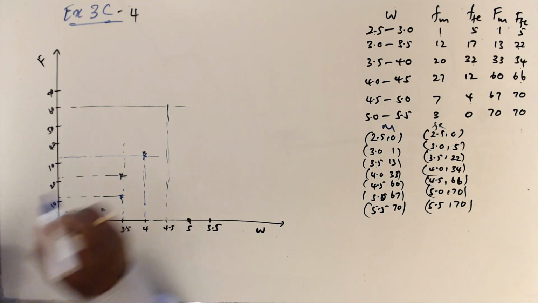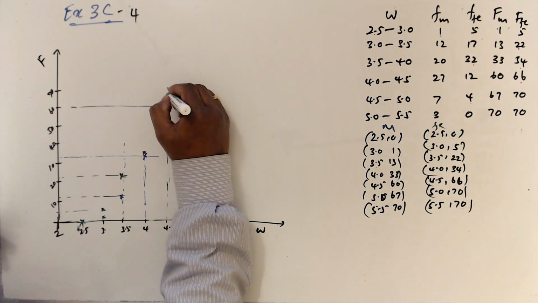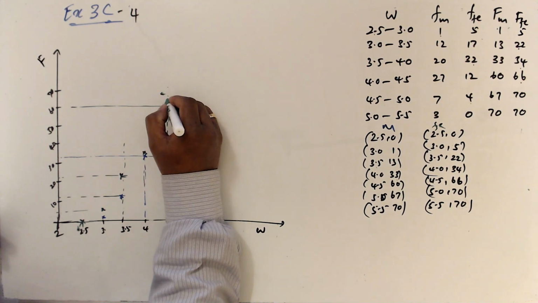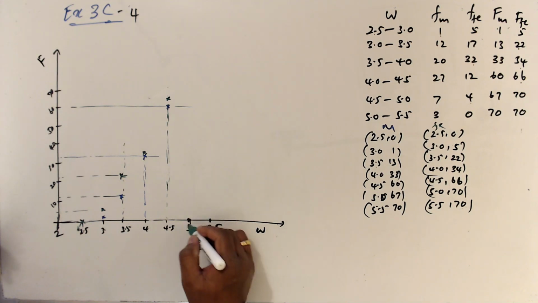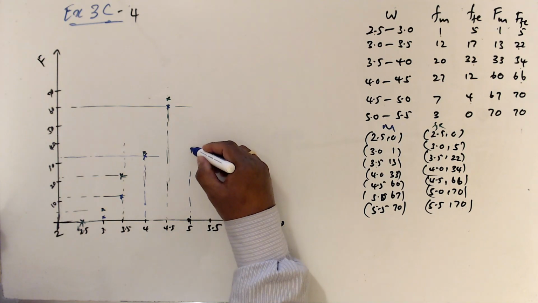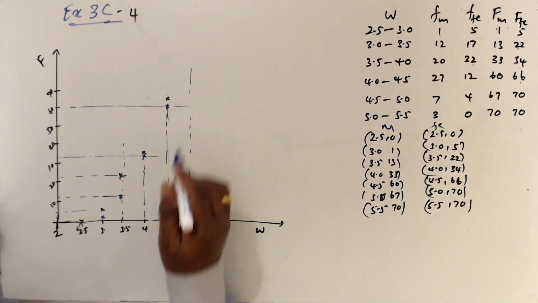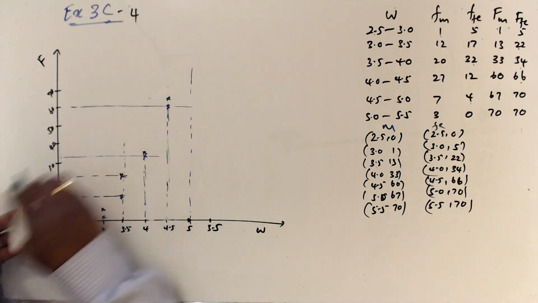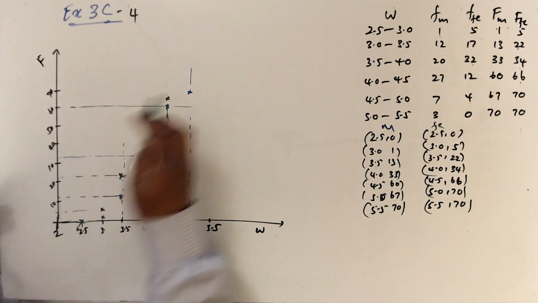So this is 60 and 66 on top. Then 5.5, sorry, it's 5. When it's 5, 67 and 70. So 67 and 70.